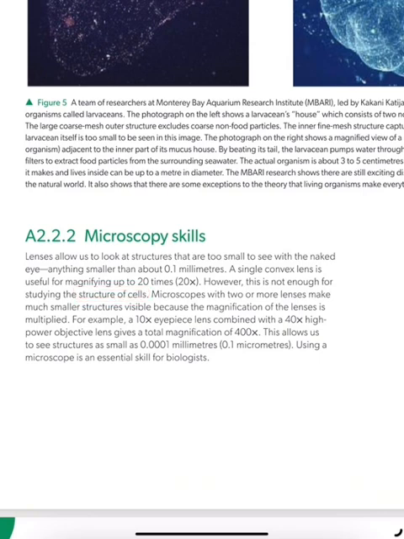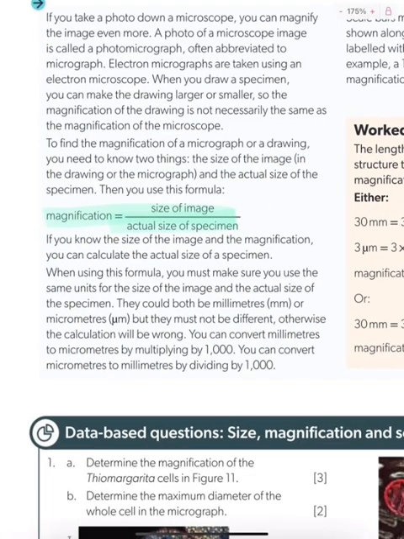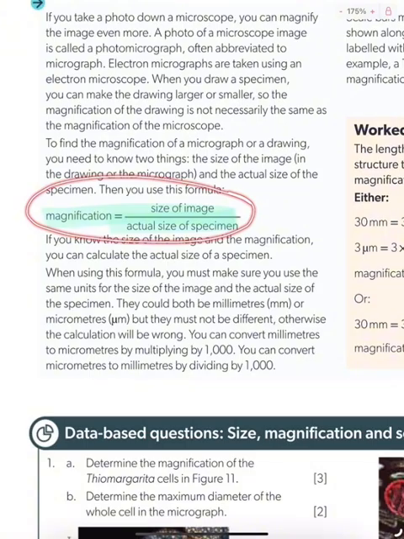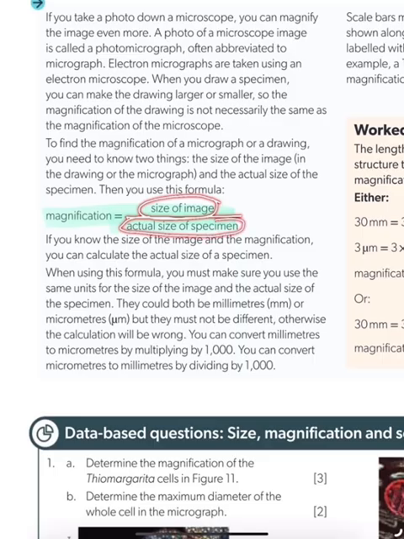So we use microscopes with 2 or more lenses to be able to see much smaller structures, as the magnifications of the lenses are multiplied. This is the magnification formula, which is the size of image divided by the actual size of specimen.